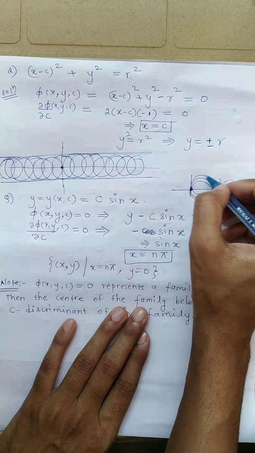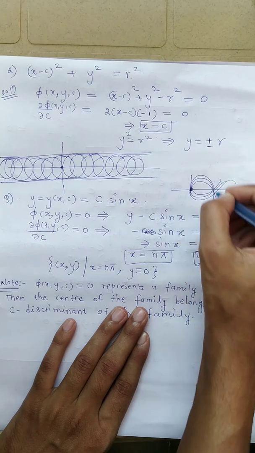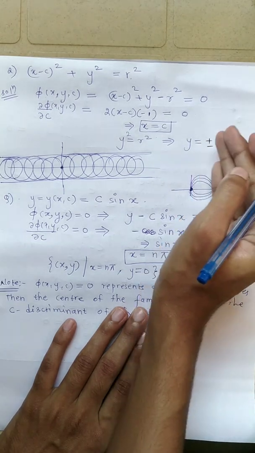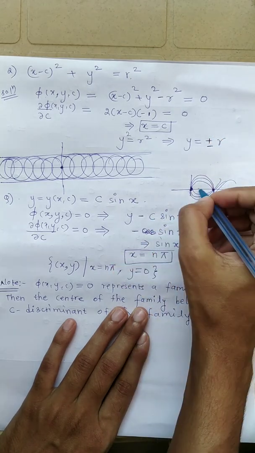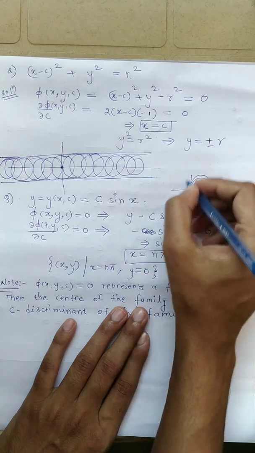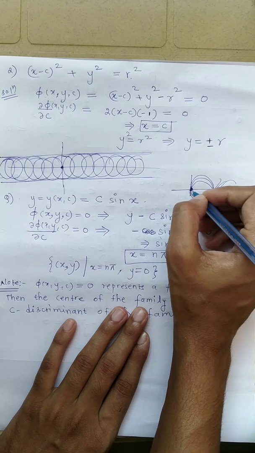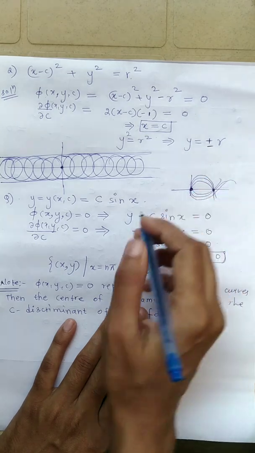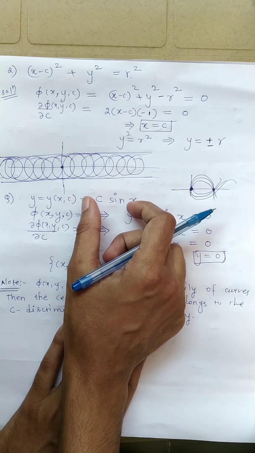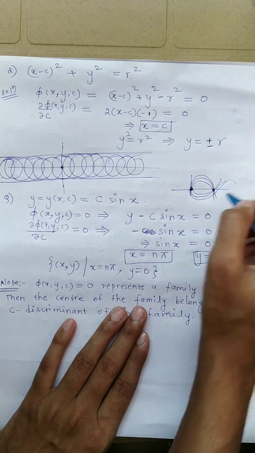Okay, so these were all the curves. We don't draw the full curve. Always I was drawing only this much of the curve, because we were taking the domain to be less than pi. But what are these curves actually? They are the whole sine curve like this. So here by the center of the family I mean this. Because this family we are considering in the domain 0 to some point, therefore I have drawn it only this much.